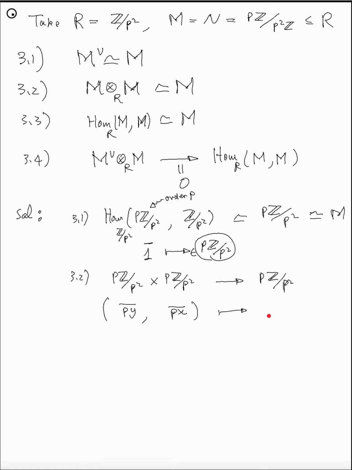I'm going to map it to pxy bar, and you check this is Z quotient p squared bilinear, because x and y only contribute to the term on the right hand side linearly, right?